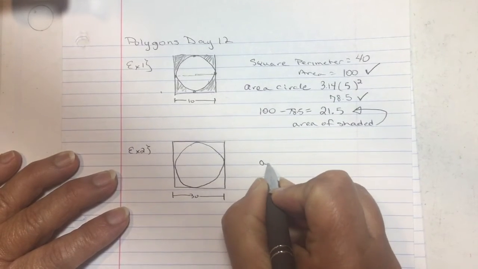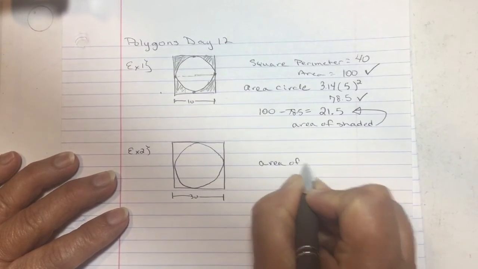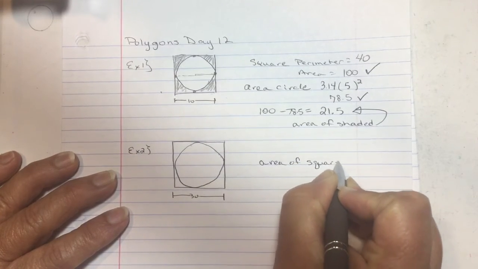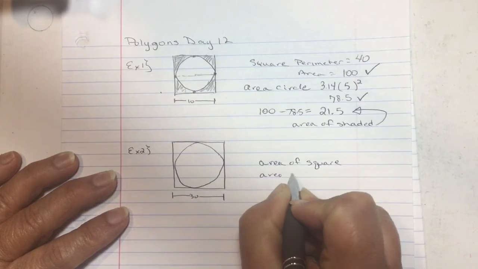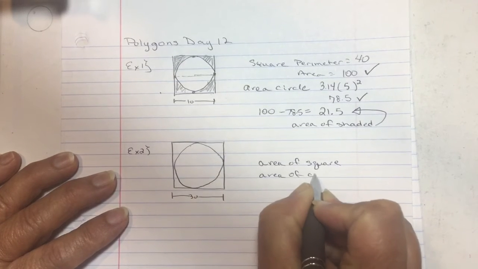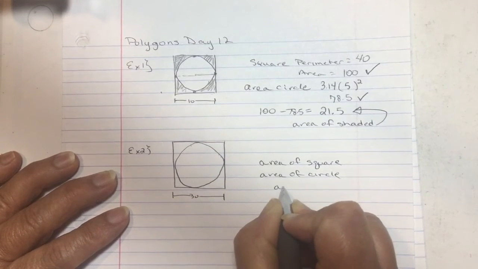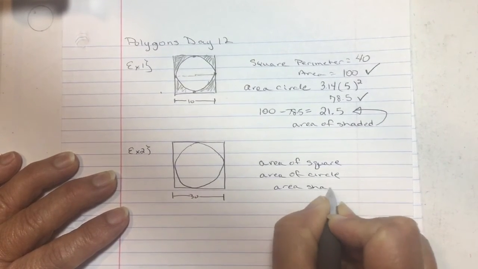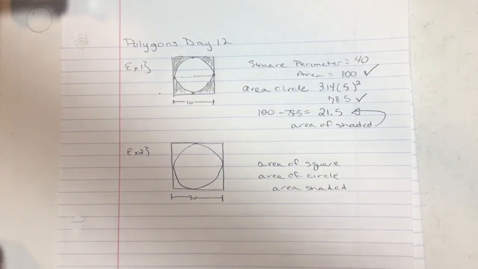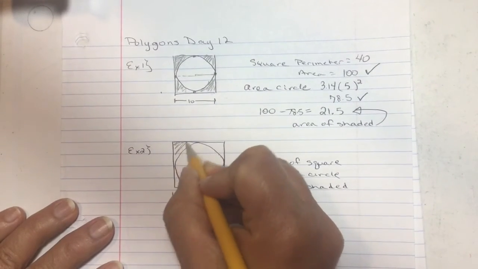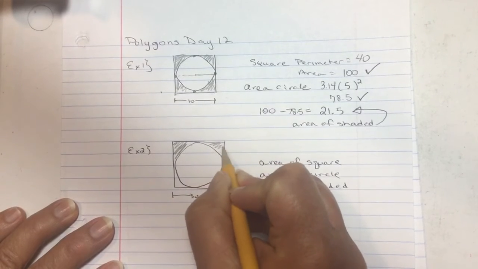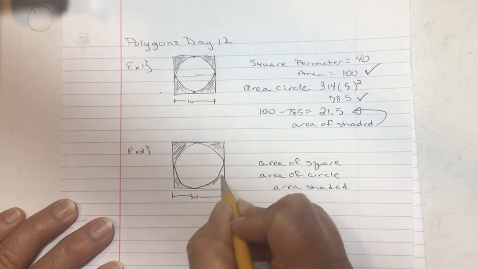So in order to do this problem, you're going to need the area of the square and the area of the circle. And you're going to subtract to find the area that is shaded. Go ahead and pause the video while you do that part.